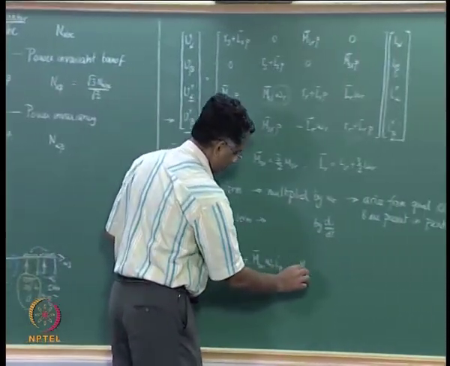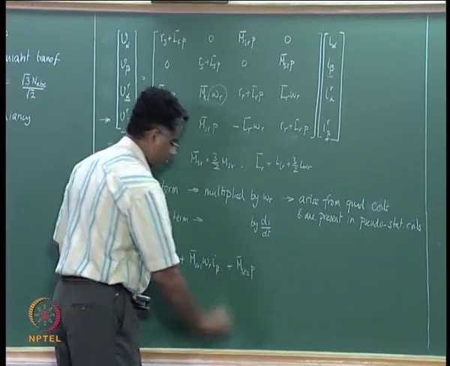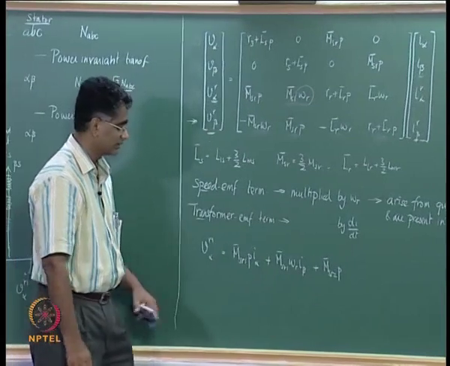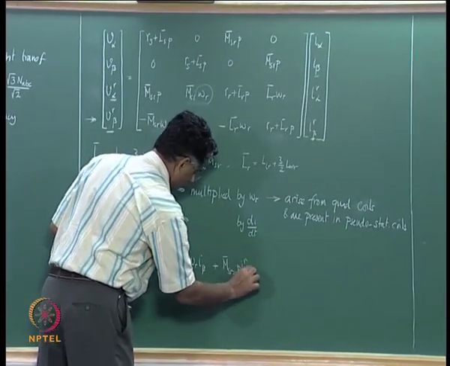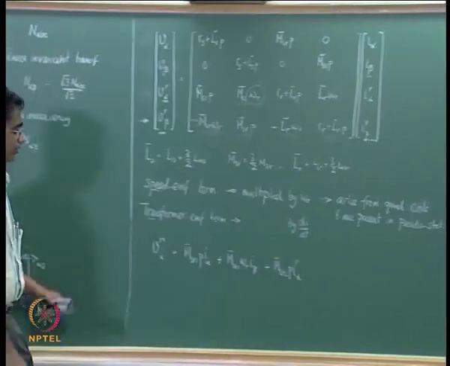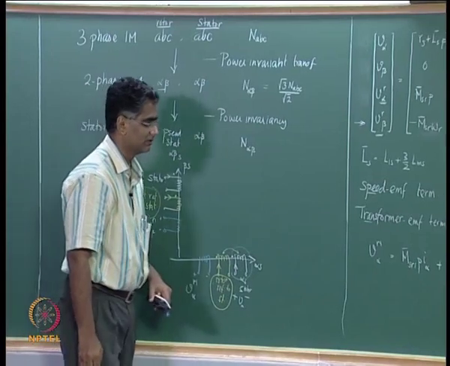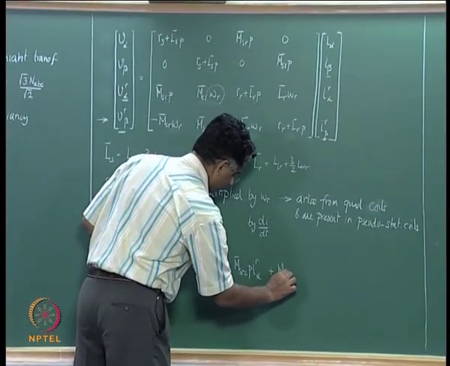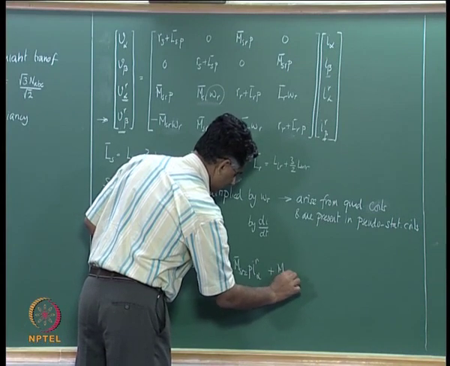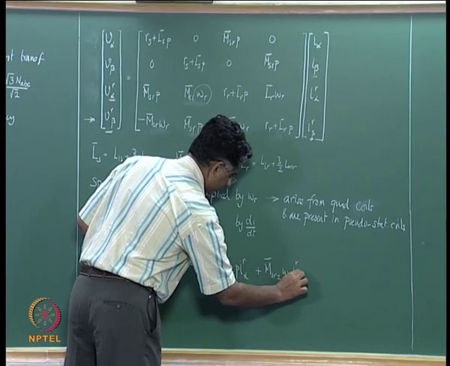Therefore, if we call that MSR2, then MSR2 into P. This is a di by dt term because you are referring to an IR alpha which is on the same axis, and then you will have an MSR2 omega r into IR beta.